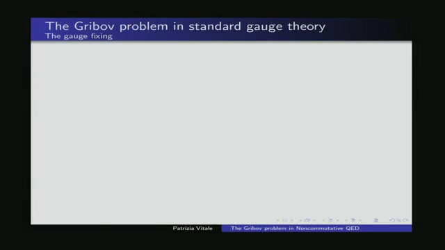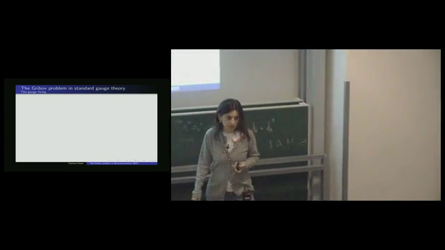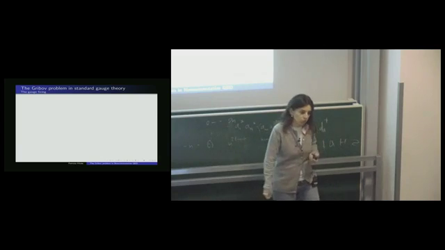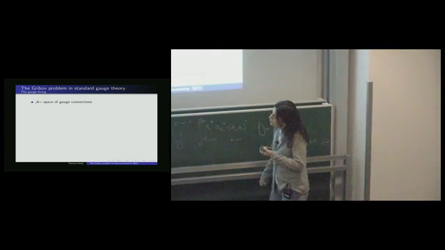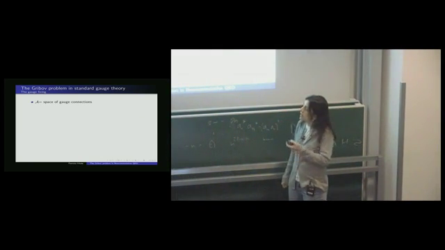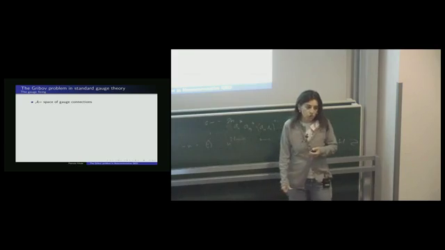Okay, so what is the Gribov problem in gauge theory? This is connected to the fact that gauge theories are constrained theories, so we have to choose a gauge when we want to quantize them. So what are the ingredients that I will use? What is the notation? This calligraphic A is the space of gauge connections, all of them.